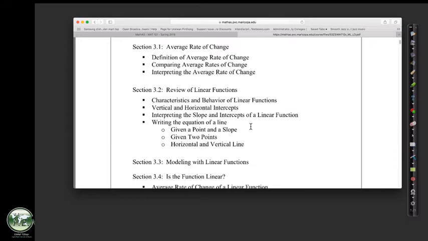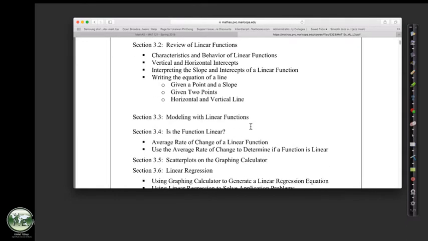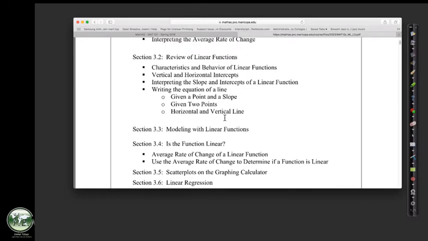We might get a little into modeling, but definitely for Wednesday I'm going to save 3.5 and 3.6, which is using the graphing calculator to do linear regression, because that's something we do in each of the sections afterwards, some kind of regression. That's something you really want to get down. So we'll do 3.5 and 3.6 Wednesday, and we'll see how far we get today. My goal is to maybe get through 3.3 and get a fairly good understanding of things, and then keep on moving.